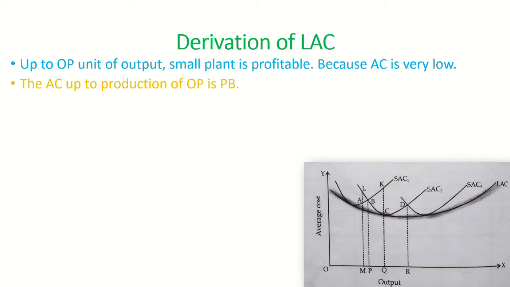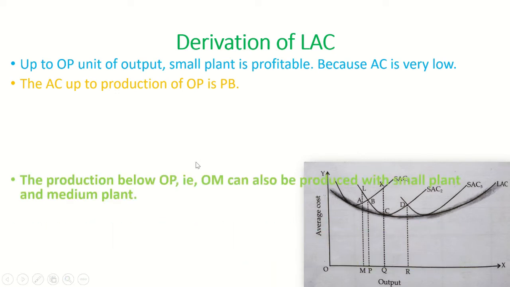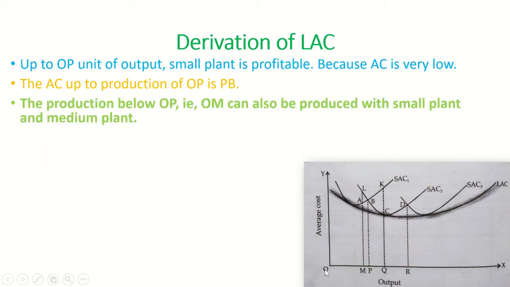And production below OP, that is production up to OM, can also be produced with a small plant and a medium plant. Here see SAC1, and SAC2 is also passing through the OM output. Okay, so we can say that production below OP up to OM can also be produced with the small plant and the medium plant.